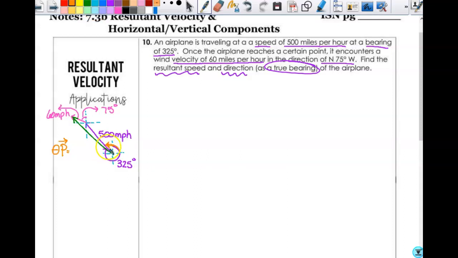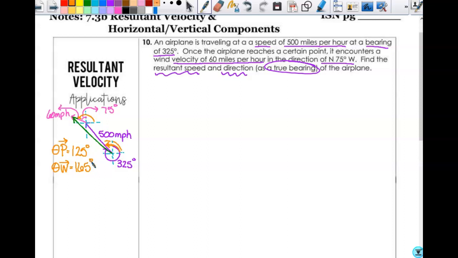So the purple one is almost at 360, right? But if I back up 35 degrees, so this part right here is 35, this part's 90, so my actual theta is 90 plus 35, which is 125 degrees. Then theta for the wind, I started here and went 75 degrees, so this is 90 plus 75, so that will be 165 degrees. Okay.